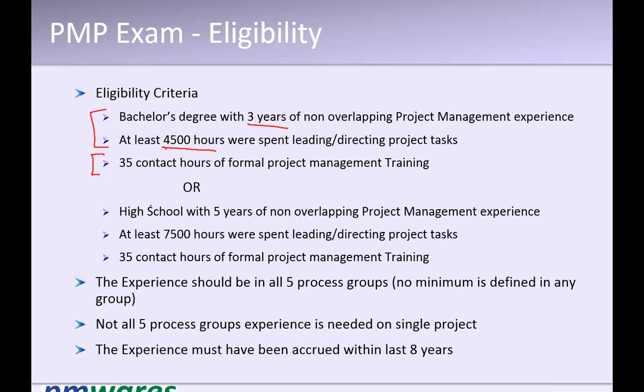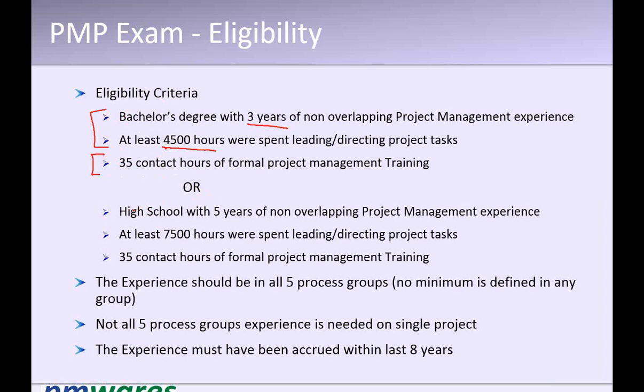Now, when we talk about experience, experience is required in all 5 process groups, that is initiating, planning, execution, monitoring and control, and closing. Because no minimum is defined, even 1 hour will work. Planning, execution, monitoring and controlling normally are not a challenge.